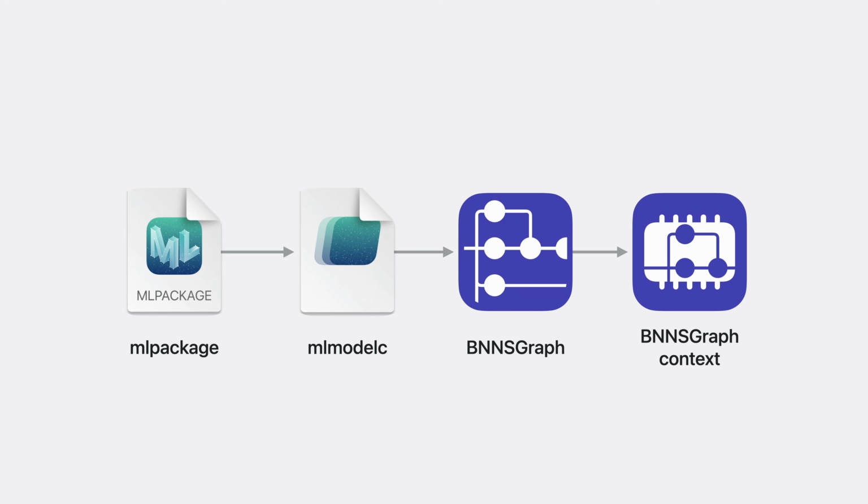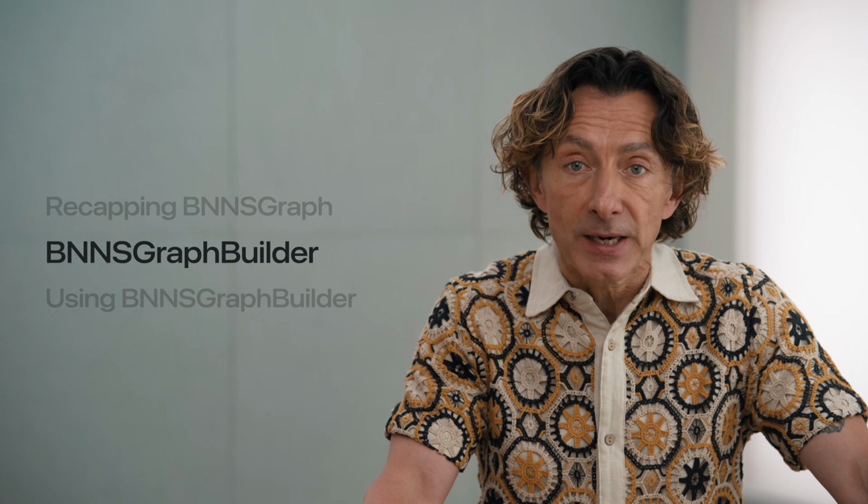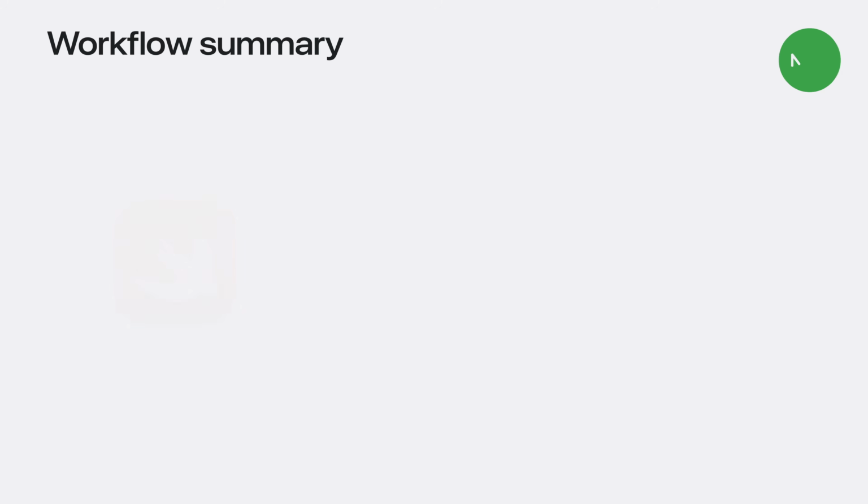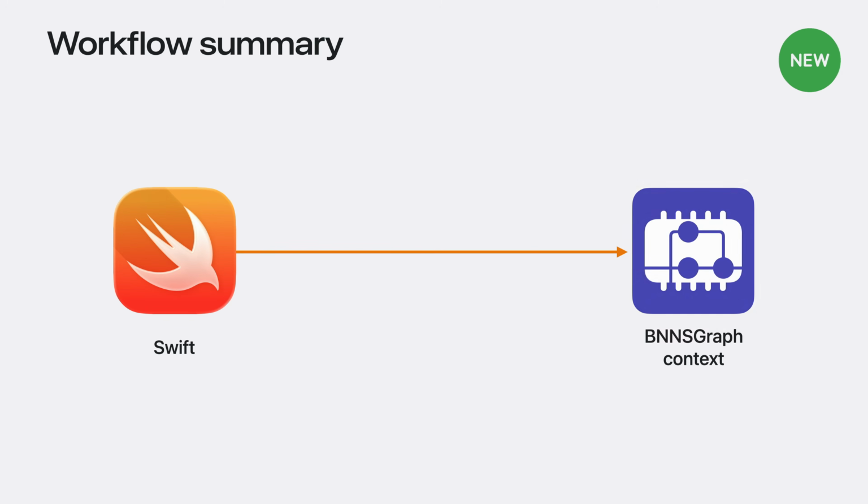However, for small models or graphs of operations, you might benefit from a more immediate workflow. What if you could define the individual elements of your graph in Swift? Well, this year we're introducing a new API that does just that, BNNS Graph Builder. The new BNNS Graph Builder API enables you to write graphs of operations using the familiar Swift language.